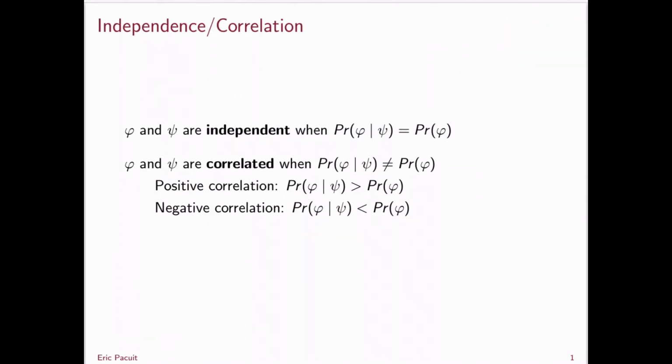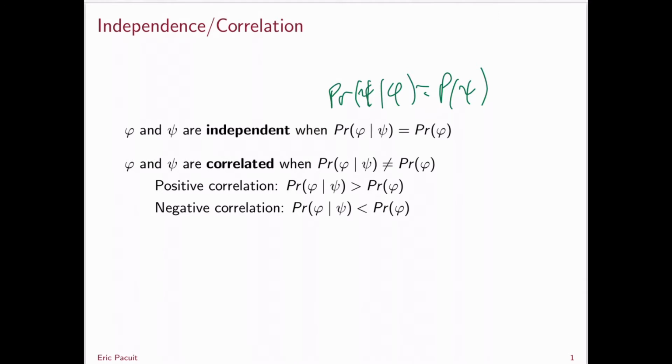So I want to start by talking about independence and correlation. Phi and psi are said to be independent when the probability of phi given psi is equal to the probability of phi. And of course, that will also mean that the probability of psi given phi is equal to the probability of psi.